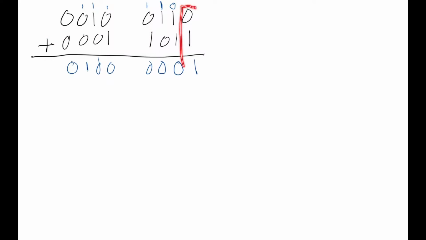Now the very first one that we place down, we'll just hard code the carry in to be 0 all the time, and then we'll take the carry out of this circuit and feed it into the carry in of the next circuit. Now this circuit is called a full adder.